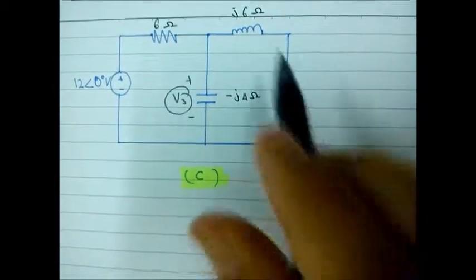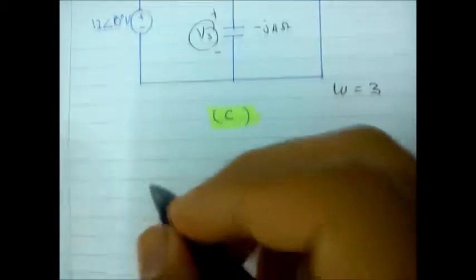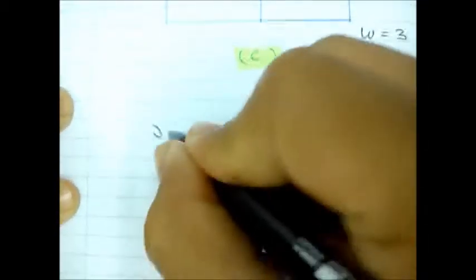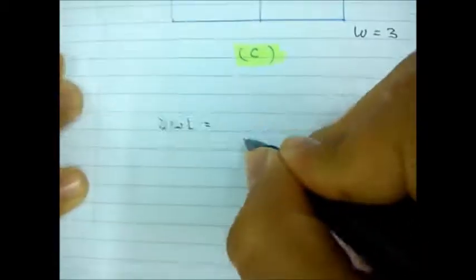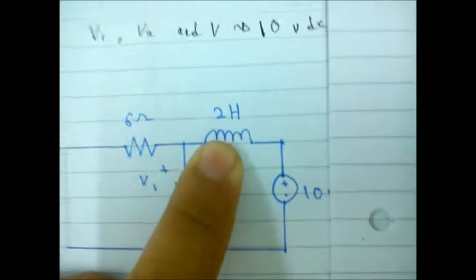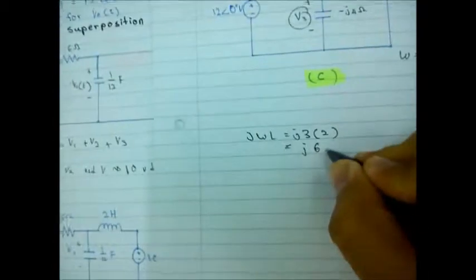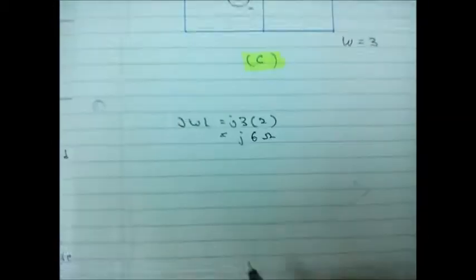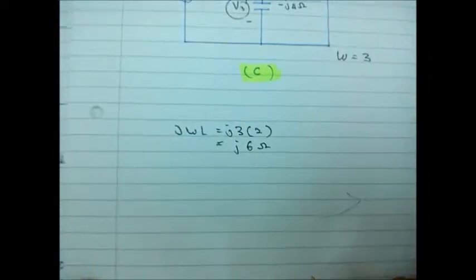To get the inductor, use the same formula as for V2: j omega L equals 3 times 2, because the inductor is 2 H, which gives 6 ohm for the inductor.